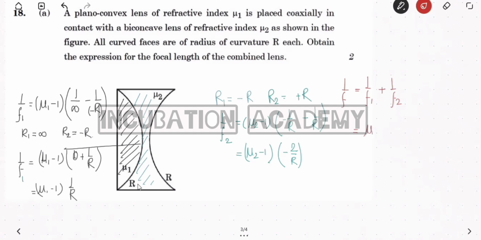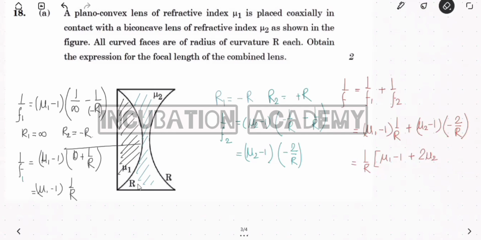This becomes (mu1 minus 1) divided by R plus (mu2 minus 1) multiplied by minus 2 by R. Obviously 1 by R can be taken common, so it becomes mu1 minus 1, minus 2 mu2 plus 2.